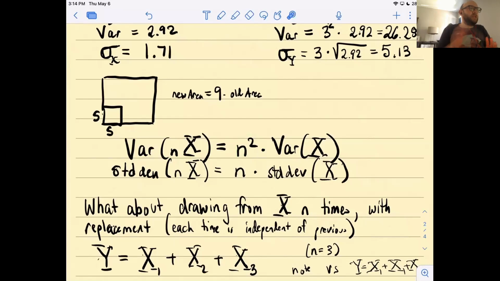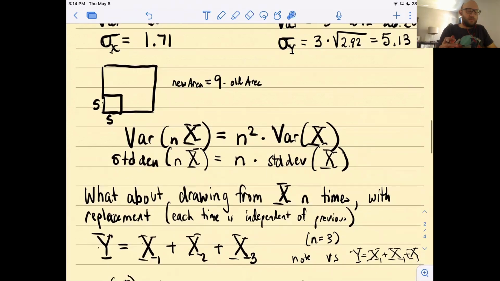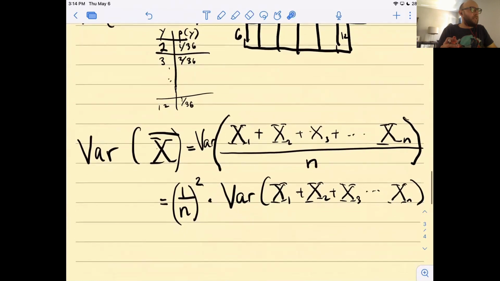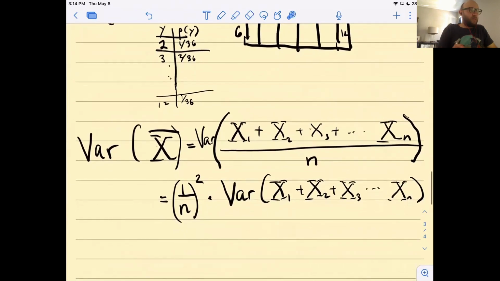So whenever you scale some random variable by a constant, you can take the constant out, but you have to square it. Are you guys okay now with why? This is just the expression for the sample mean: a bunch of things added together divided by n. But when I take the n out, it's 1 over n squared.